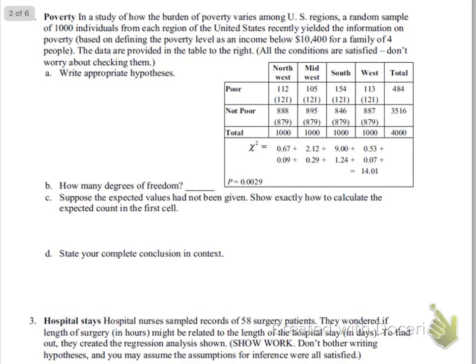Okay, so this problem is a chi-square, and they want us to come up with the H0 and HA. So H0 is that poverty is independent of region in the United States.